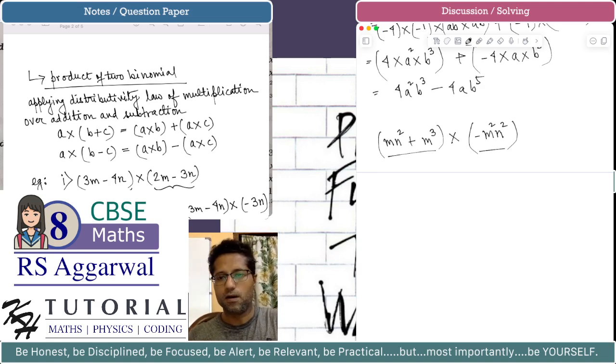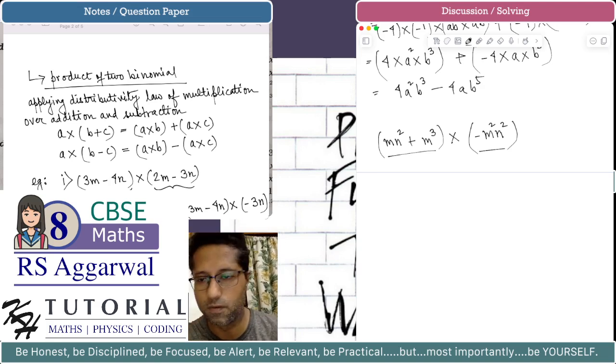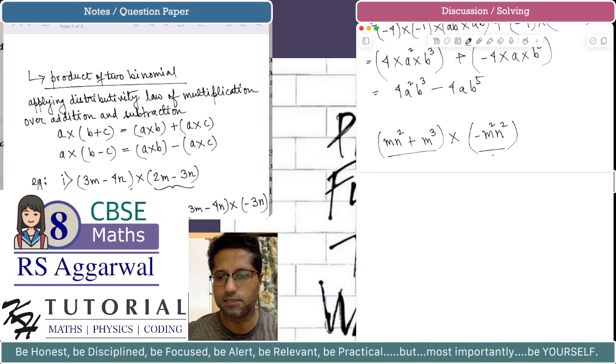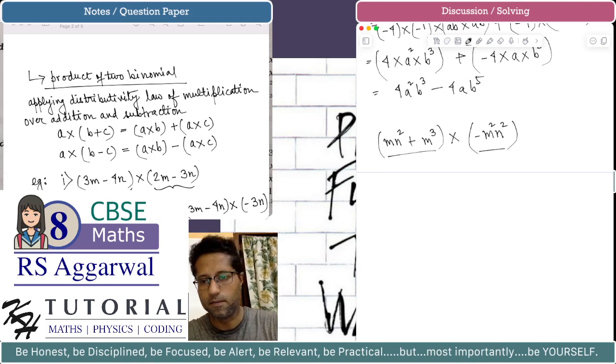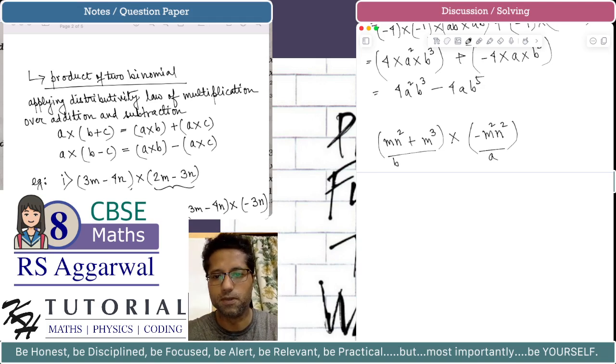So now you will apply the distributive law of multiplication over addition. Consider this as A, and consider this as B plus C. So the result will be A into B plus A into C. What is A?